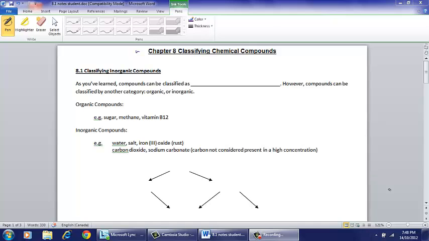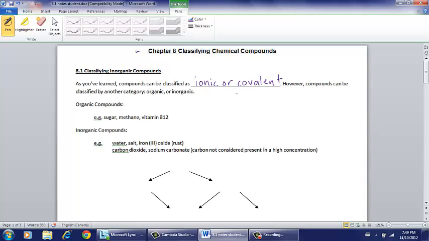In this chapter, we will look at classifying chemical compounds into two broad categories, those that are living and those that are not. As you've learned, compounds can be classified as ionic or covalent. These two categories of compounds are based on how they bond.